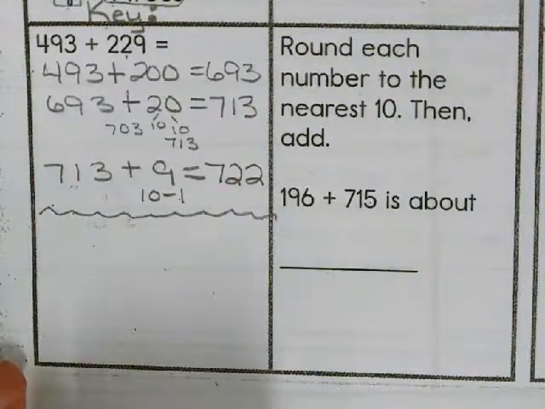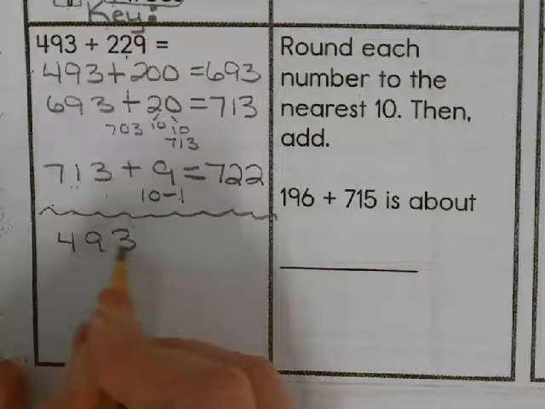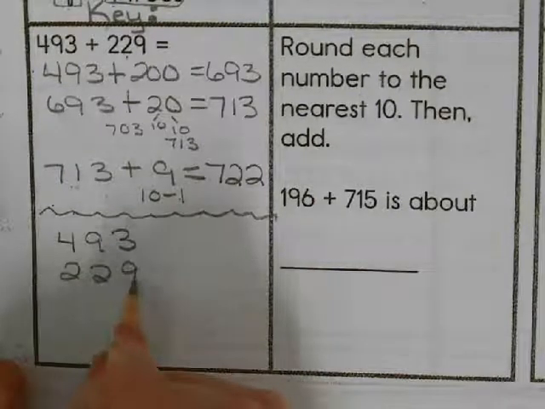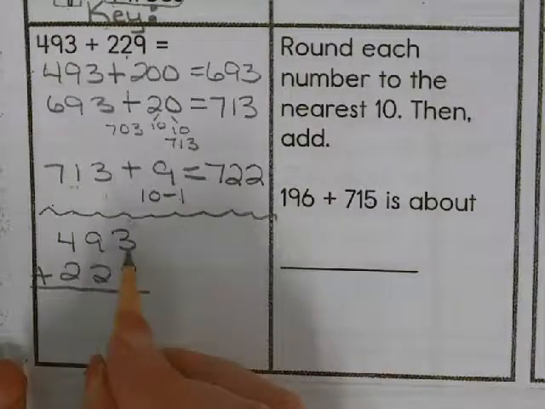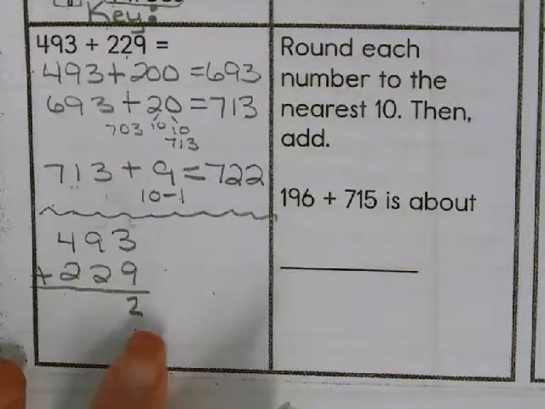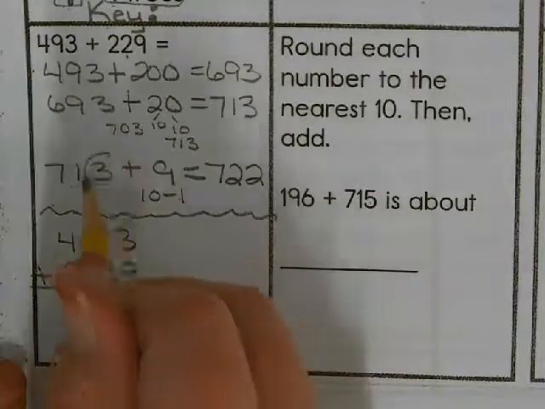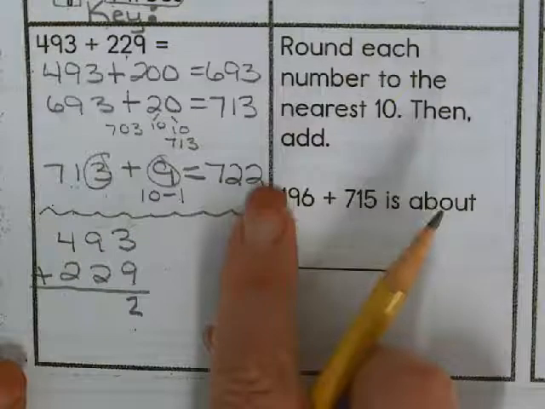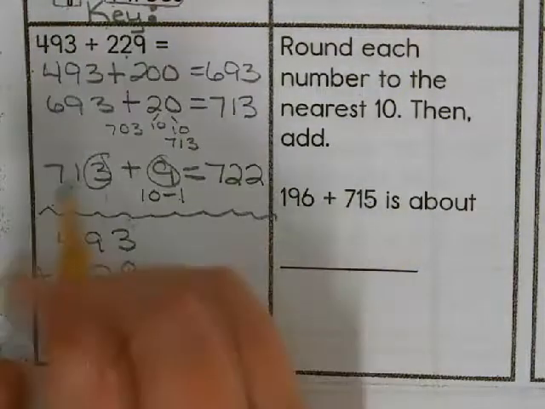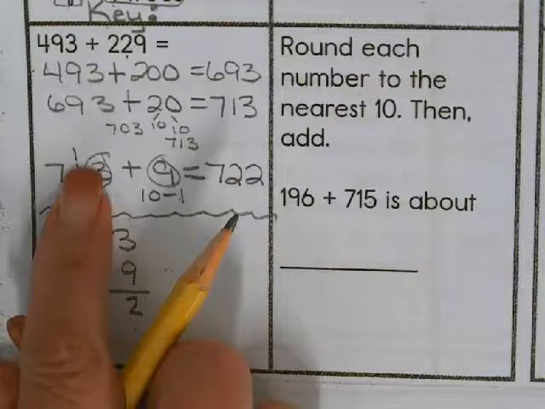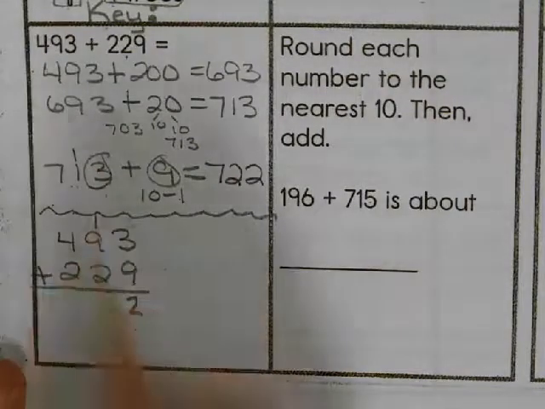You could also think about it the same way when you're using your algorithm and lining up your place values. You had 12 here for your ones, which is still going to be the same thing here. You have your 2 in your ones place, and that 10 gets added here to the tens when you regrouped.